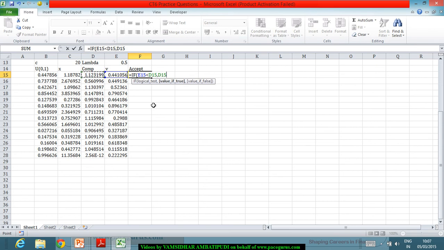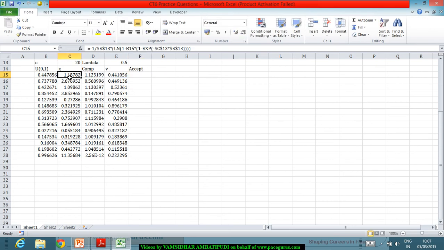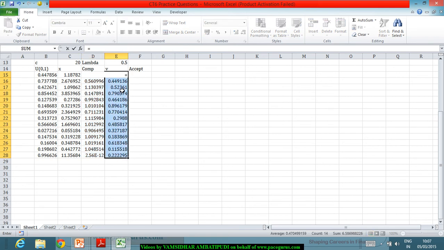Now that I have the x, which is computed based on these values, these are the x's that I had. Using these x's, let's say I have computed these as my values, and whenever the value of v is lesser than this computed value, I am returning the x as the random sample, otherwise I am going ahead.